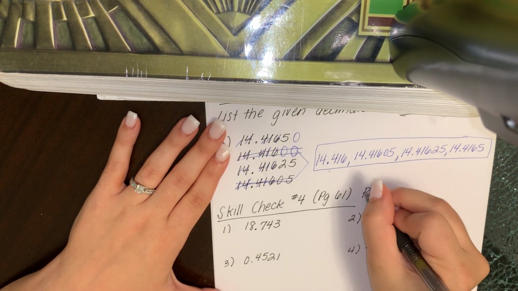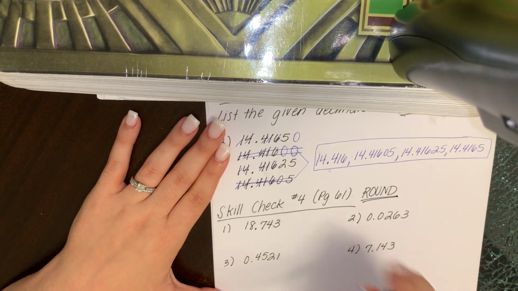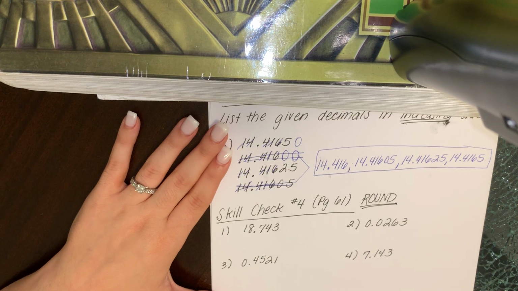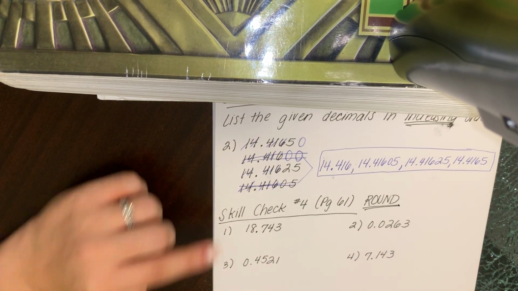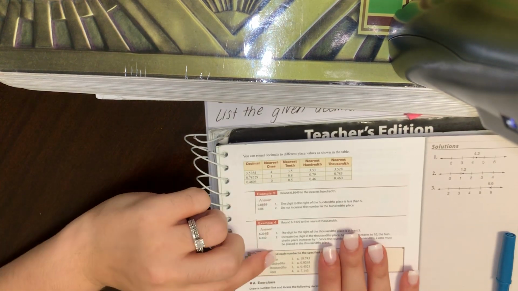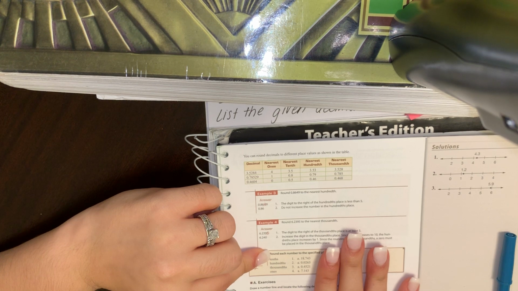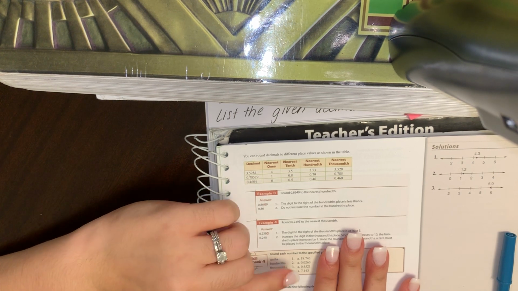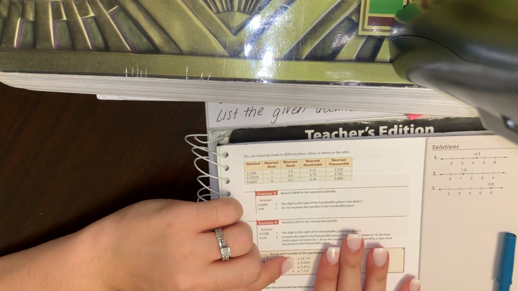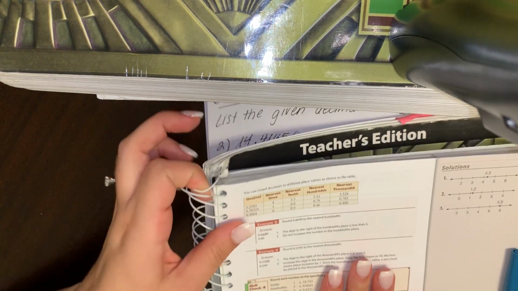And here they want us to round with a specific place value. And they tell you the specific place value right next to it. And I'll show you what I mean. If you take a look here, the number 1 says tenths place, meaning we're going to be rounding by the tenths place. Number 2 says hundredths place, 3 says thousandths, and 4 just says regular ones place, okay?